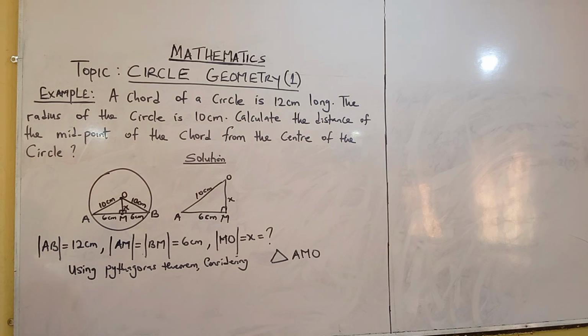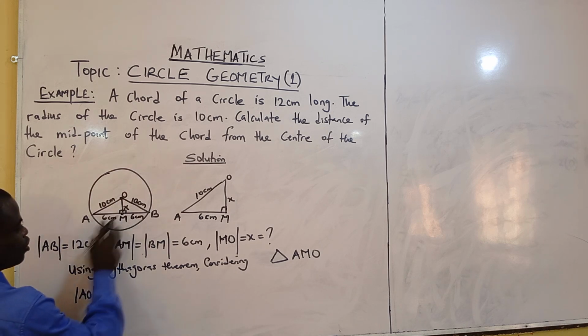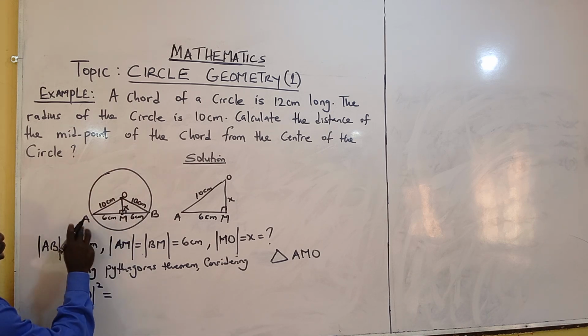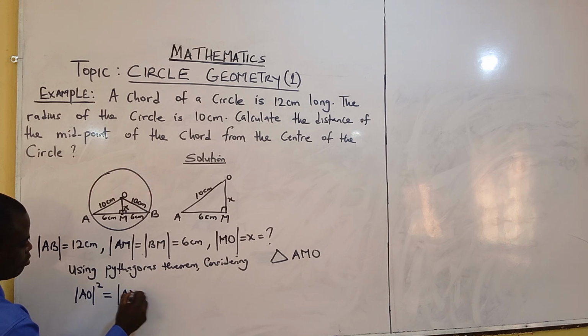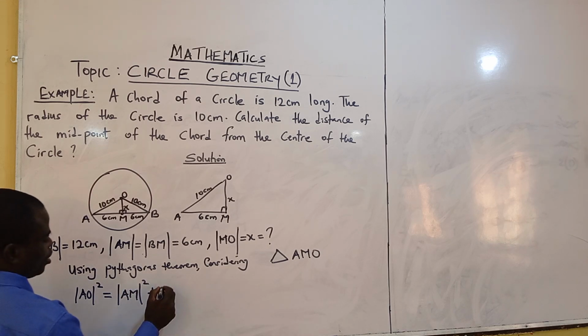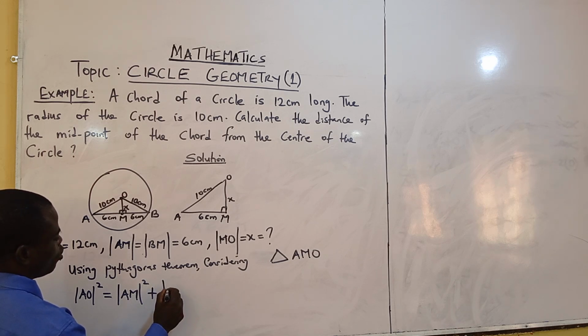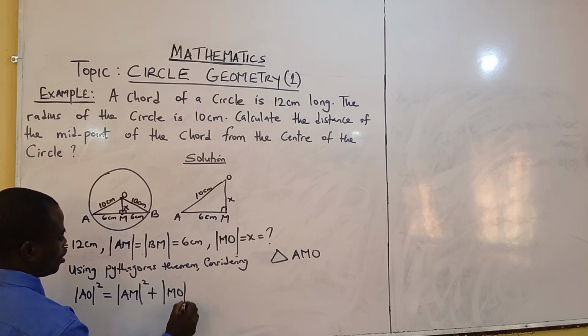Considering triangle AMO, we now have the square of the longest side, line AO squared, equals the addition of the squares of the other two sides, line AM squared plus line MO squared.